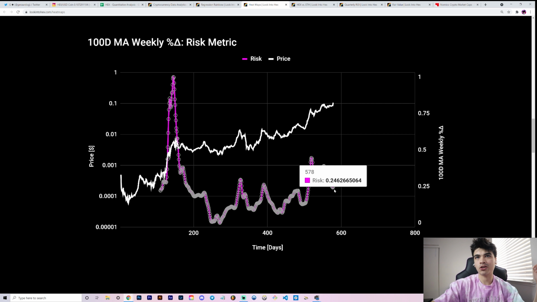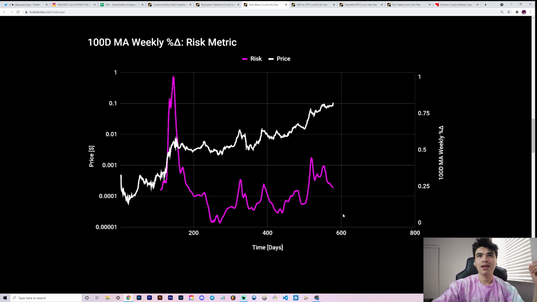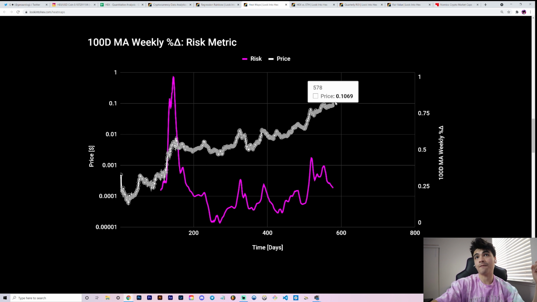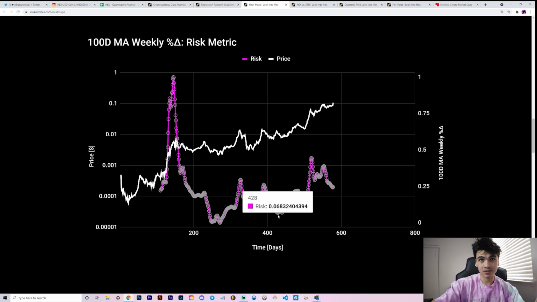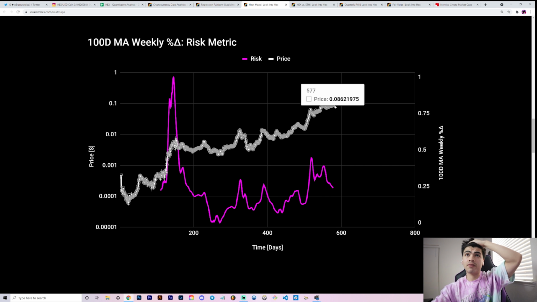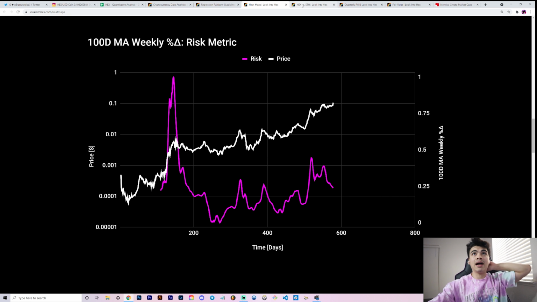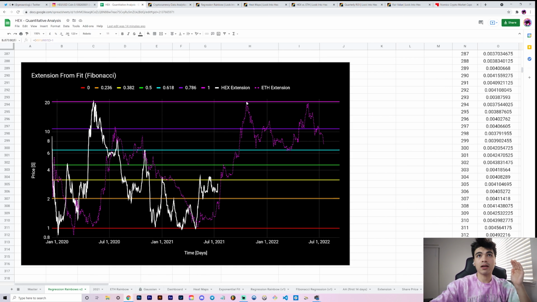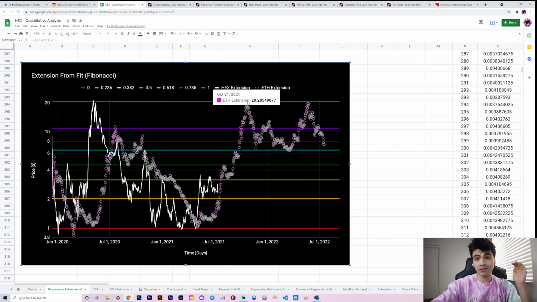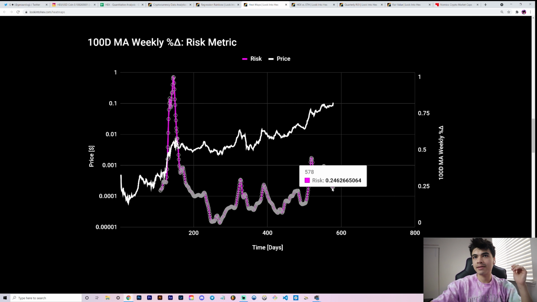The risk metric has been going lower, below 0.25. And so if we see something similar to what we saw back here, where prices rallied 15x from this hidden bullish divergence, then a 15x from here would be $1.50. So now you see why something like this, saying, okay, $1 could be incoming relatively soon, maybe even this year, it doesn't seem so far-fetched.